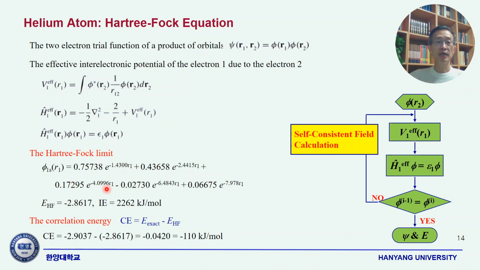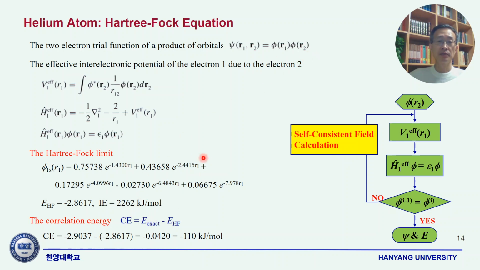And he obtained the Hartree-Fock energy of minus 2.8617, which, as we have seen, is 2262 kilojoule per mole. So this is the best energy you can do with this orbital product.